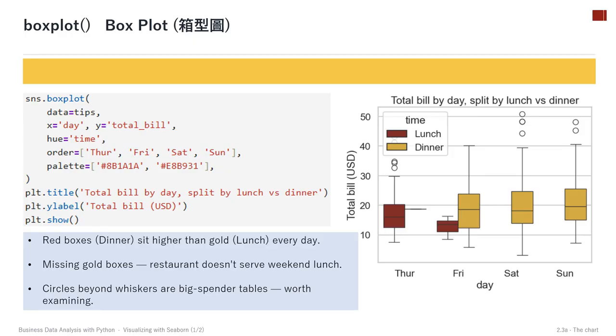So we can see the dinner bill is higher than lunch, right? If we give different colors, it is really easy to understand the difference. Here you can see I'm using hue, with time, to set up the two categories. Category 1 is lunch, category 2 is dinner.